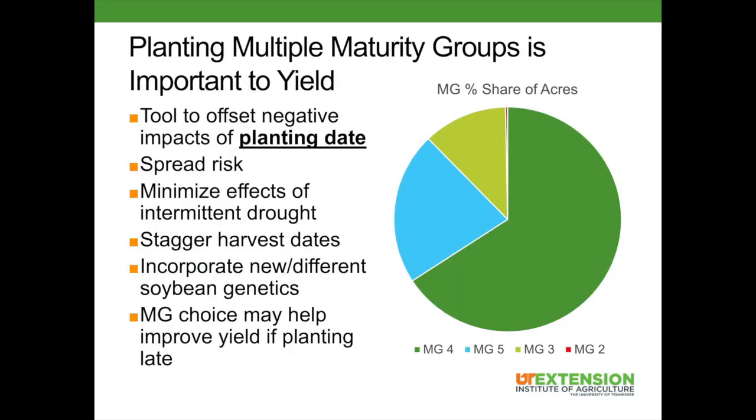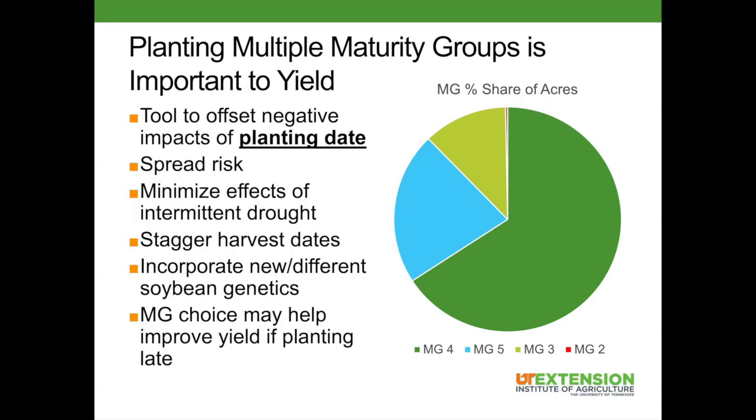So when a farmer is trying to decide what to plant, I think most of the time, the realization is you don't plant the same variety on every acre. There are reasons for spreading risk by planting different varieties. And the same is said, I think, for maturity groups. They're just kind of a tool that we can use to help offset things, especially negative impacts of things like planting date, heat, drought, some of those things that certainly impact yield.